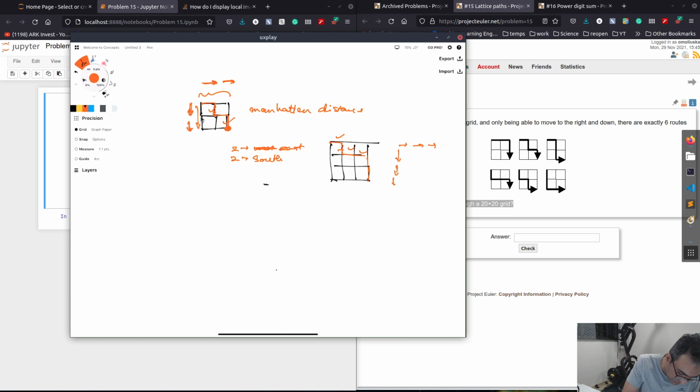So you can go to the right 3 ways, and you also have to go down 3 ways.